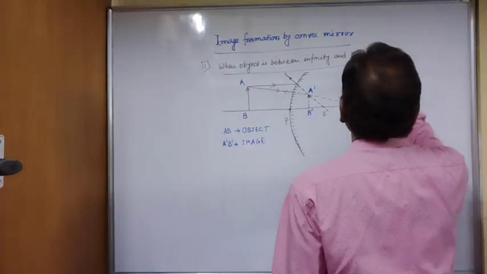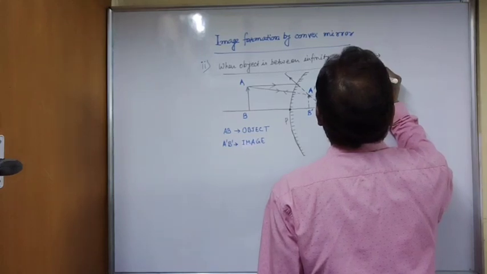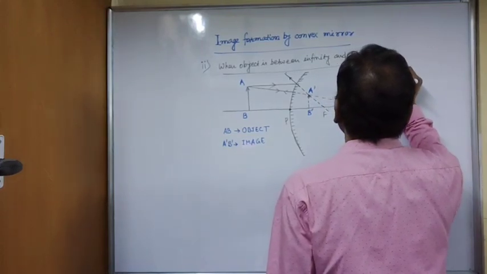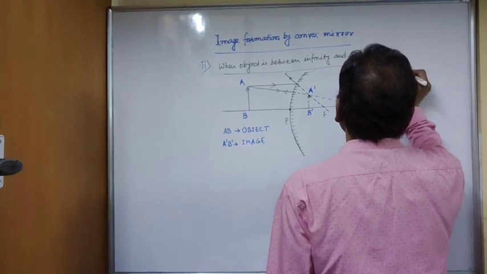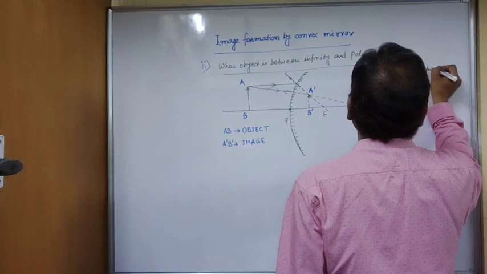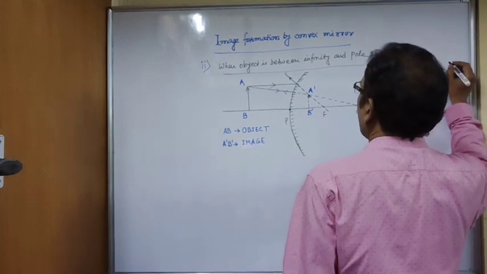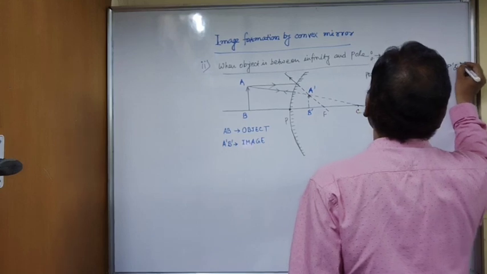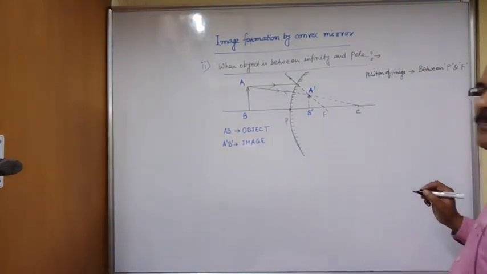So in this case we will write position of image. Position of image is between P and F, between pole and focus.